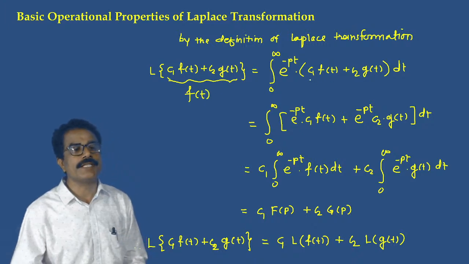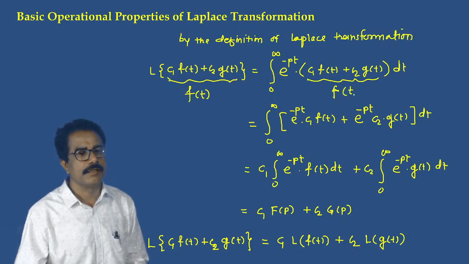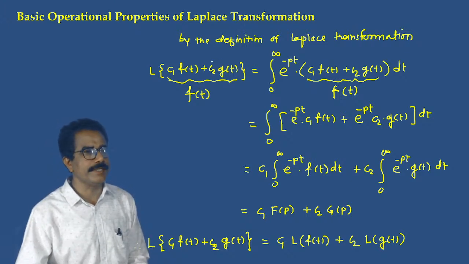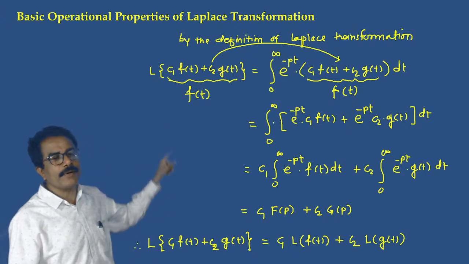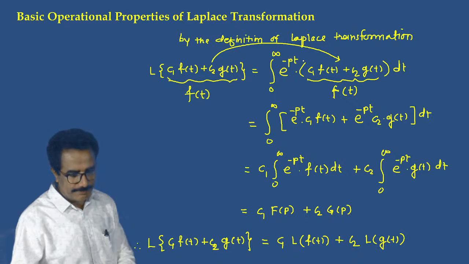Then, integral from 0 to infinity e raised to minus pt, now multiply in the bracket.